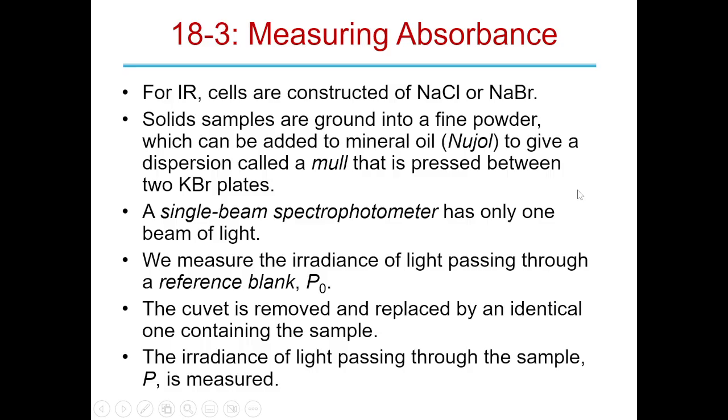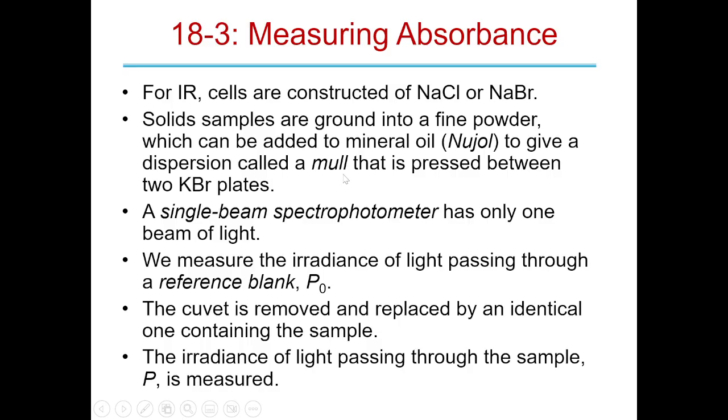Okay. So this is one method that you can do solids, and you'll actually see I have out on the tray a mineral oil to do this with, if you're curious. The solid samples are ground into fine powder. You can then add mineral oil, neutral. This will give you a dispersion.